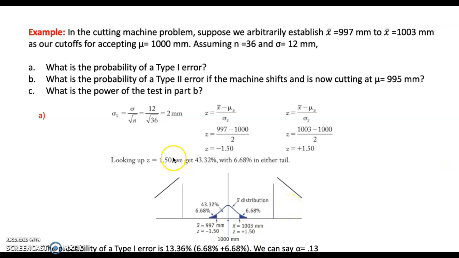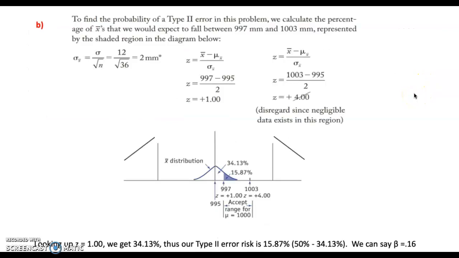So the next part is what is the probability of a type 2 error if the machine shifts and is now cutting at mu equal to 995 millimeter. In order to find the type 2 error, we are still going to use the same sample averages, 997 and 1003, but we are shifting our mu to 995.